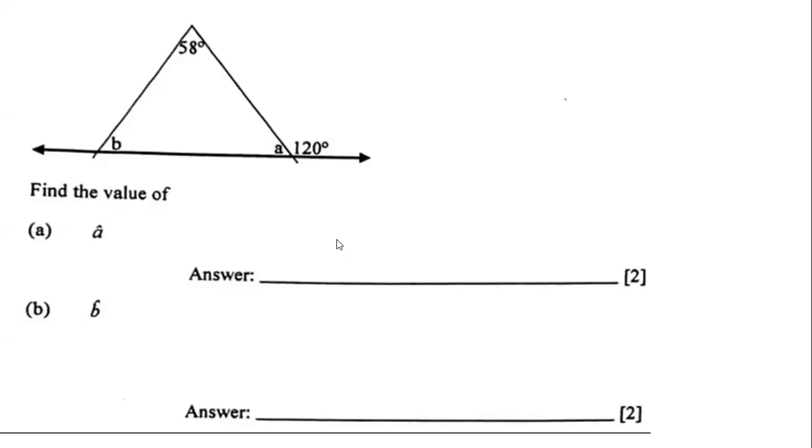Seeing different answers. Make sure you put A and B. Don't just put the number. Put A and B. What is A and what is B? Put the letter and the answer.